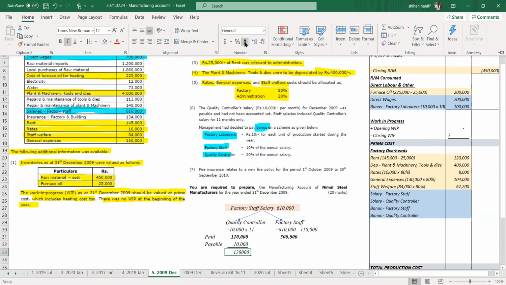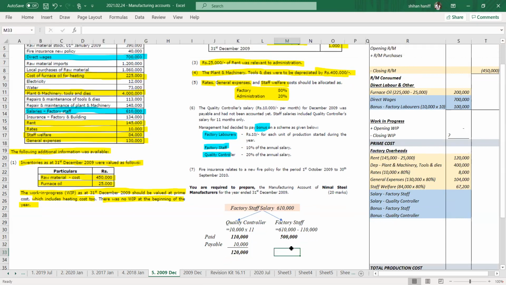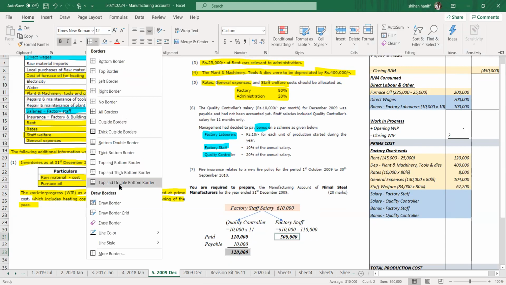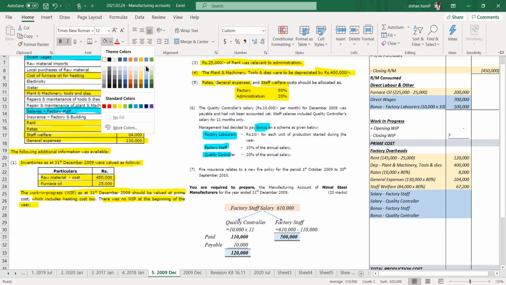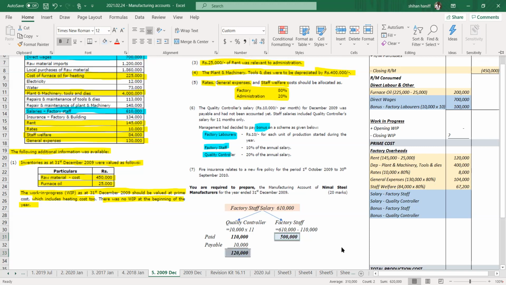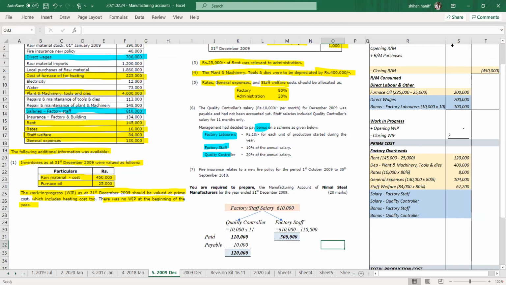Total salary for the quality controller is 120,000. Factory staff, it's 500,000. There is no payable. Annual salary. Is it clear? The quality controller and factory staff.